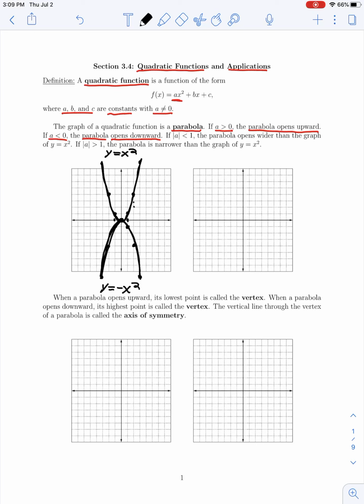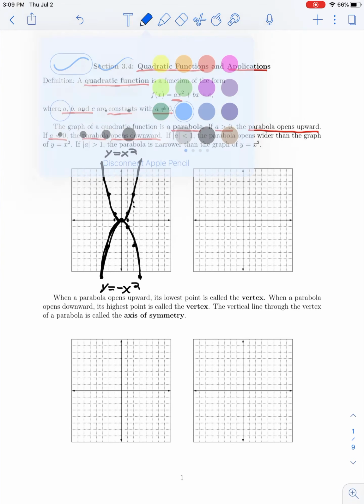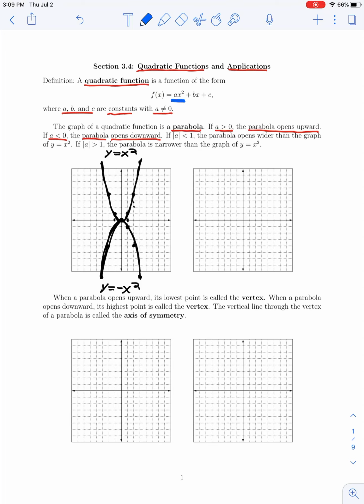Now in the examples we've looked at here, we have y is 1x squared or negative 1x squared. In general, our coefficient for x squared is some non-zero constant a. It doesn't just have to be plus or minus 1. So how does that value of a affect the shape of our curve other than the direction that our parabola opens?